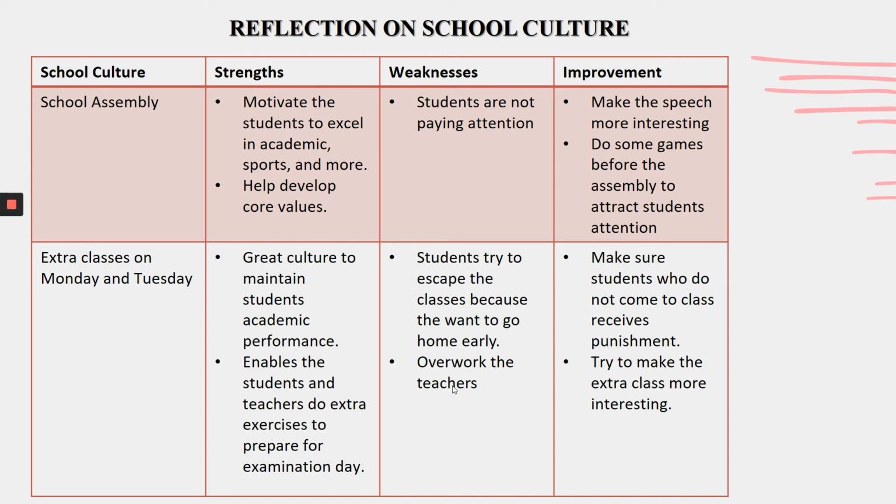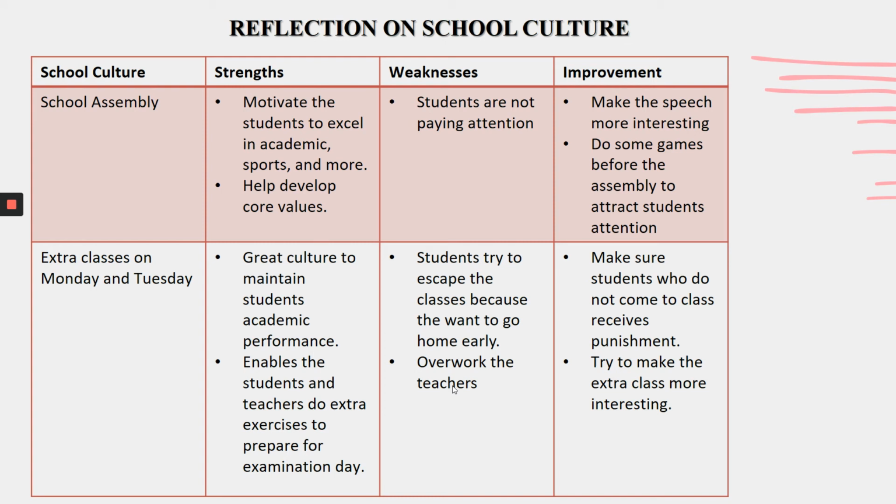The second school culture is extra classes on Monday and Tuesday. For the strength, this is a very good culture because it can maintain student academic performance, and the students and the teacher will do extra exercises to prepare for examination day.